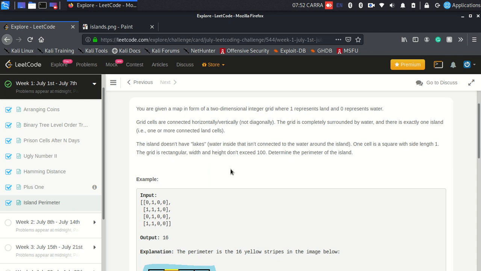One cell is a square with side length 1. The grid is rectangular, and width and height don't exceed 100. Determine the perimeter of the island.